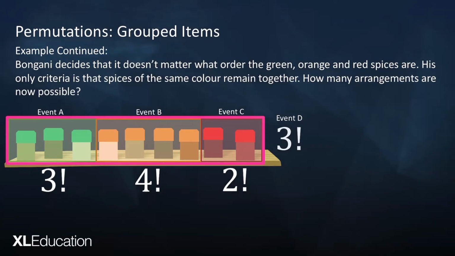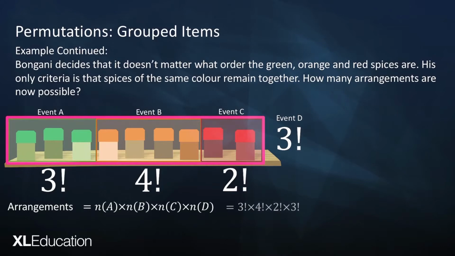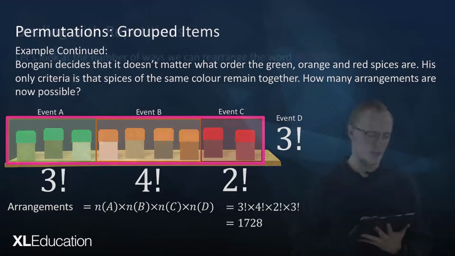So now we're thinking about how can we arrange the spices within each of their groups, and how can we arrange each of the groups on the spice rack. So the arrangements is going to be equal to the number of ways you can do A times the number of ways you can do B times the number of ways you can do C times the number of ways you can do D. And it's going to be 3 factorial times 4 factorial times 2 factorial times 3 factorial is 1,728. So Bongani has a lot of ways to choose from.